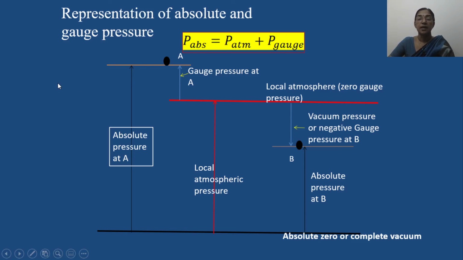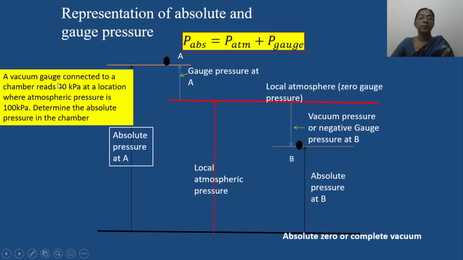Let us explain this with an example. Here, a vacuum gauge connected to a chamber reads 40 kilopascal at a location where atmospheric pressure is 100 kilopascal. Determine the absolute pressure in the chamber. So here P absolute is to be determined.